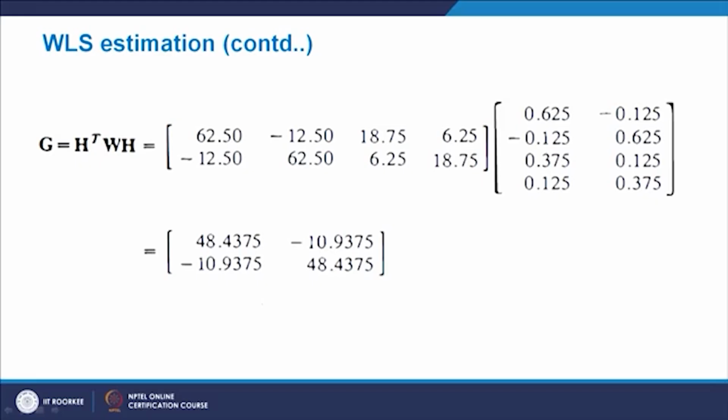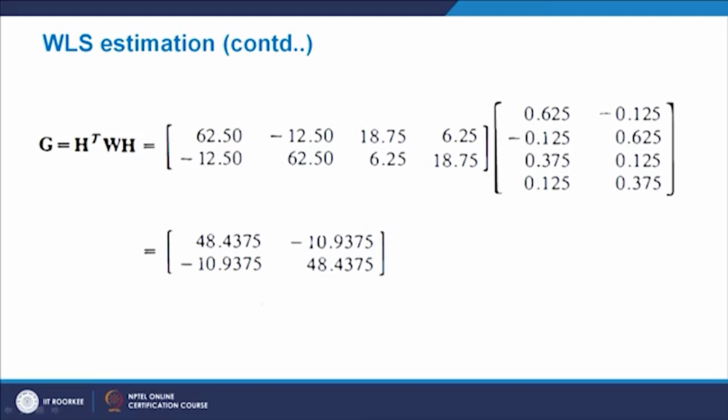In this circuit, n is equal to 2 because our unknown quantities are V1 and V2. So, our G matrix would be a 2 cross 2 matrix. One thing we need to understand is that it is a symmetric matrix.